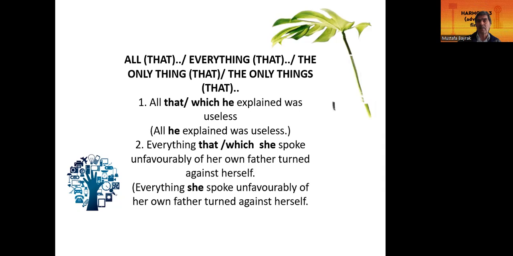All he said, all he did, all he explained. Everything that or which she spoke unfavorably of her own father turned against herself, or just everything she spoke unfavorably of her own father turned against herself.